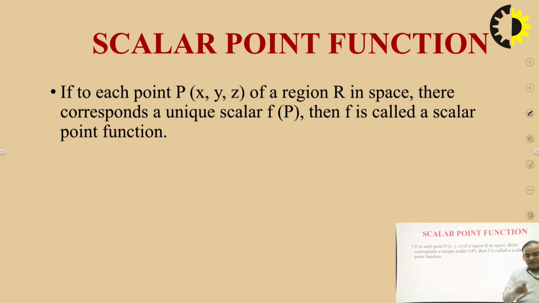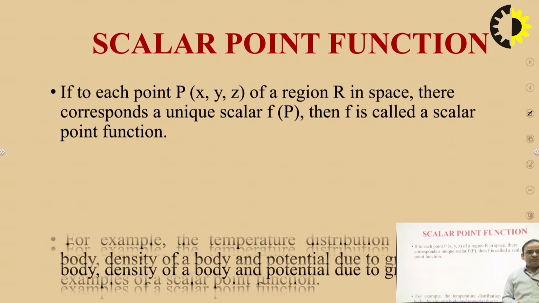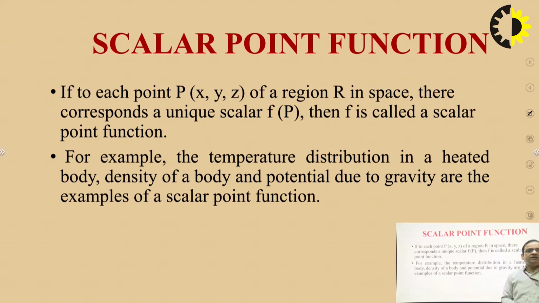Or we can summarize it like this: the function defined over a scalar field is known as the scalar point function, and this depends on the points of the scalar field. The next are the examples for this function.